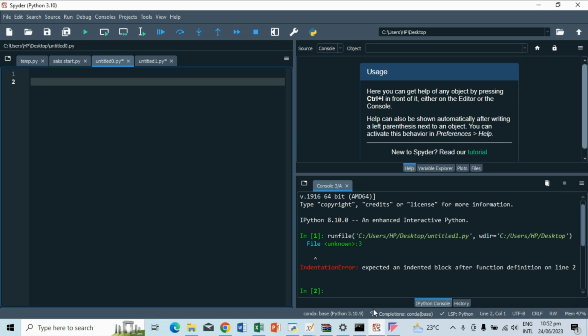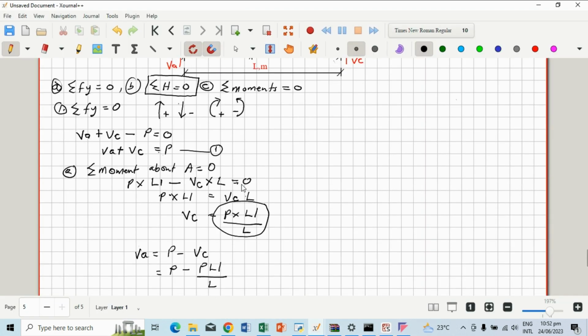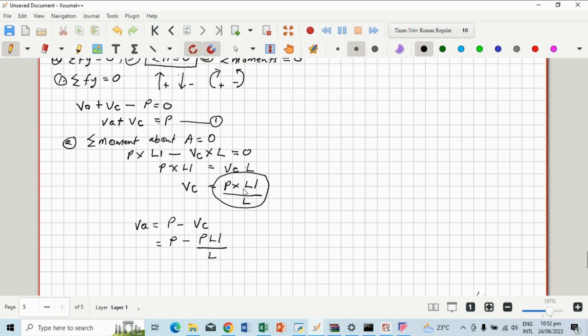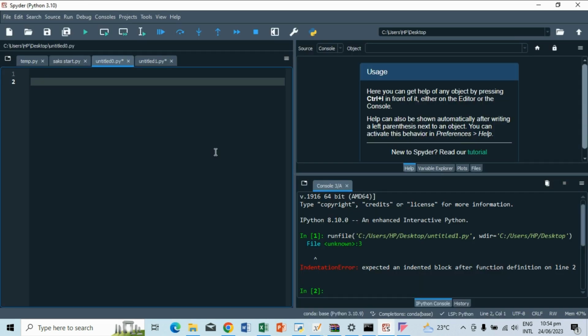From the previous lesson, we were able to establish the formulas for the support reactions at VA and VC. In order to implement this in Python, we would create a function or a bucket to hold these formulas. So the first thing we are going to do is define a function to return the value of our VA, the support reaction at VA.